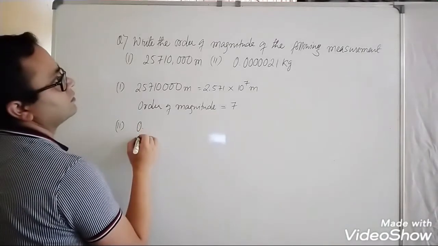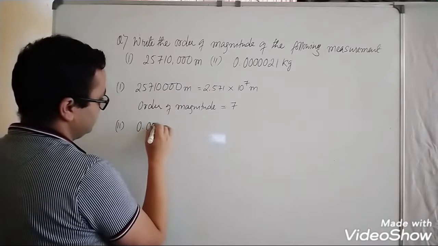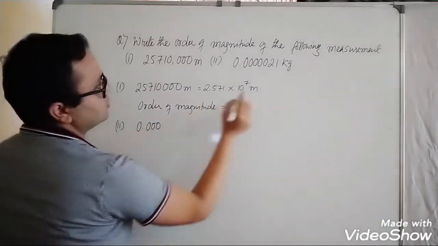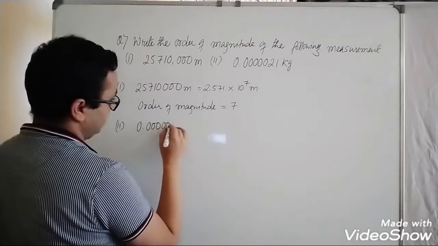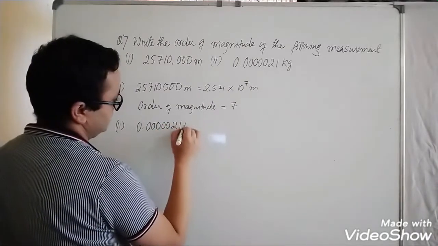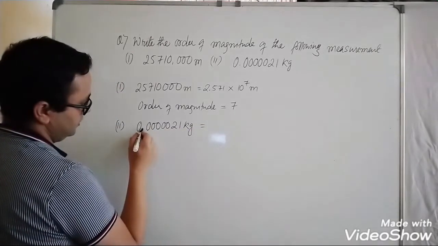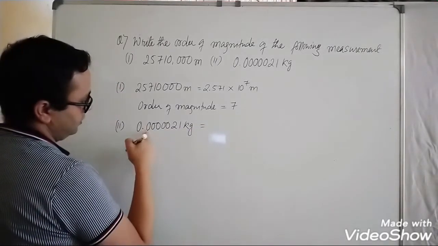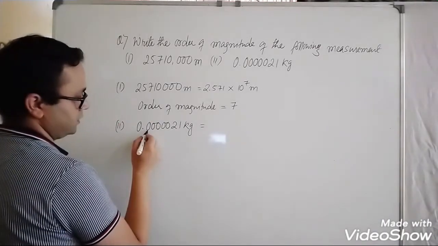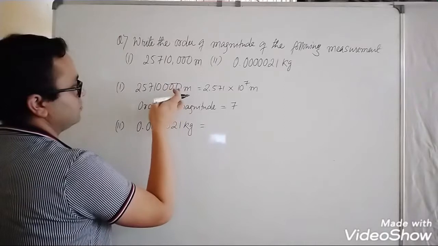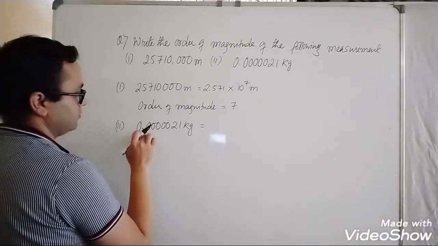For number 2, the measured quantity is 0.0000021 kg. Now here is the point: count the digits from the left-hand side. In the first case we counted from the right-hand side; here we count from the left-hand side. Why?